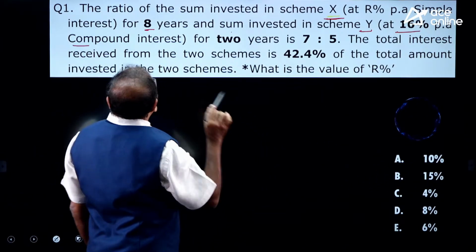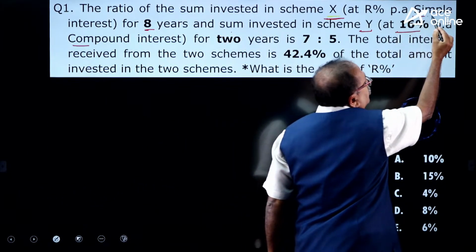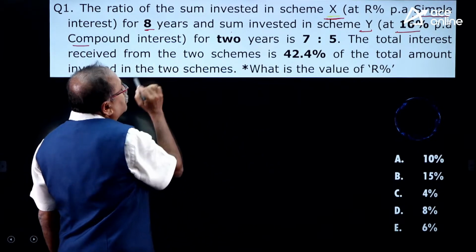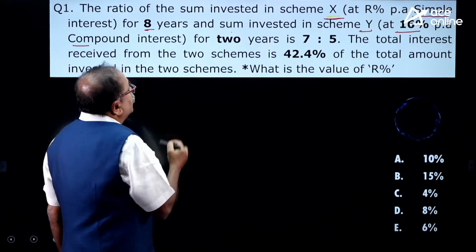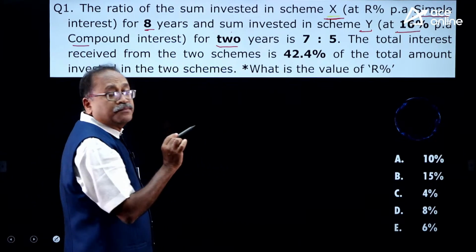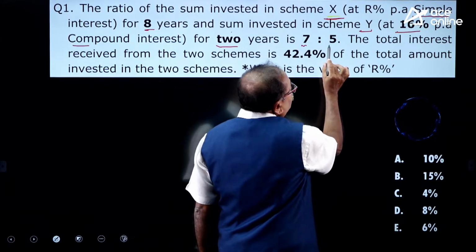So notice that the first one is mentioned as simple interest, while the second case is compound interest, for 2 years, whereas the first is for 8 years, in the ratio 7:5.